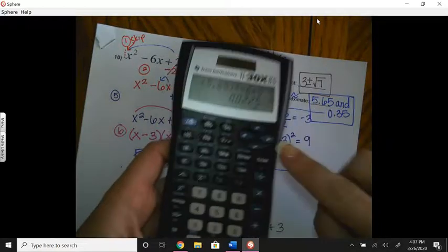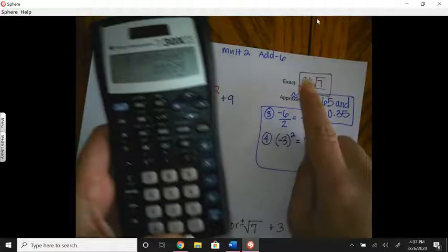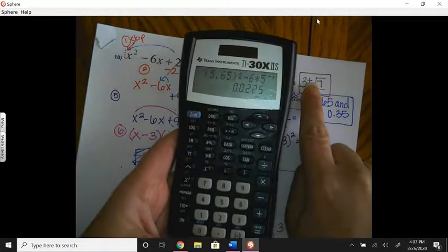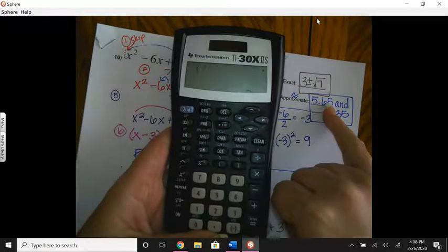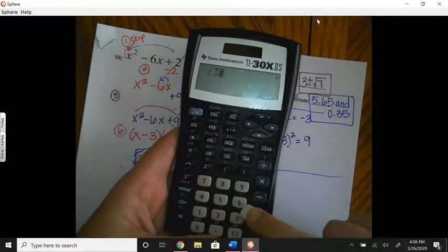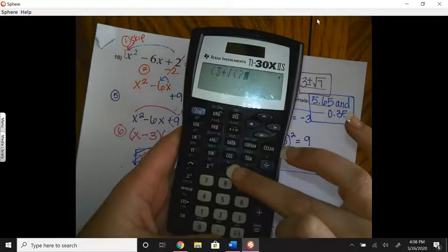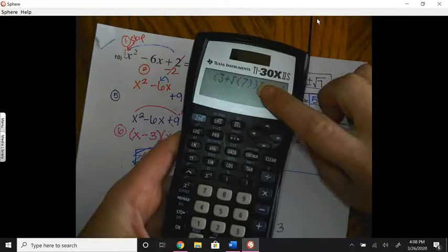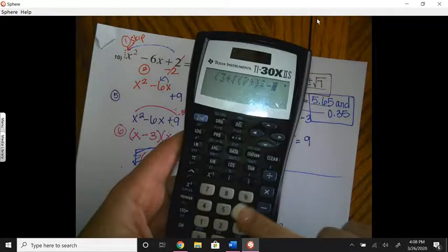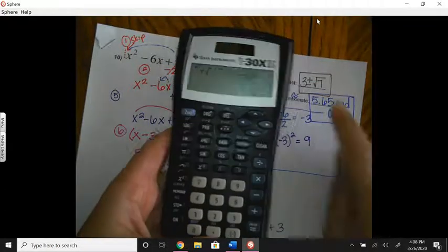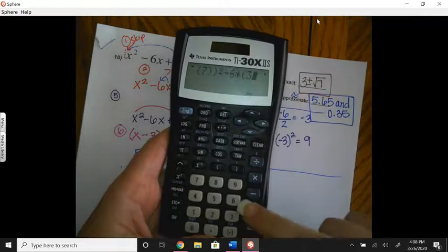If I want to make sure I'm 100% correct, I would need to type this in. So now instead, I'm going to do the same thing, but instead of typing in the decimal, which is easier to type in, I'm going to type in 3 plus the square root of 7. So I have to make sure to put the double parentheses there, and then square it, minus 6 times, and I need to put this in parentheses because it's all what x is, 3 plus square root of 7.